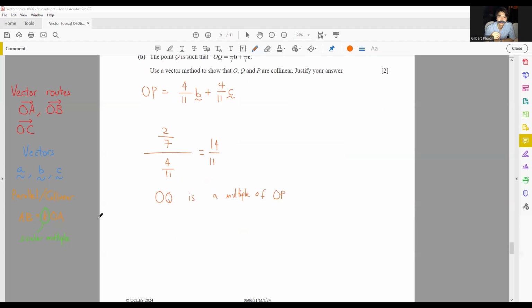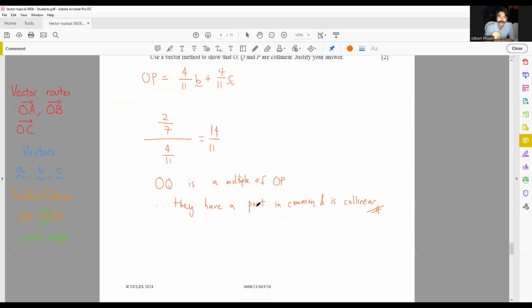So therefore, they have a point in common and is collinear. Okay? You just have to phrase it with these kind of words here, multiple, then you will be able to score the second mark. Okay?